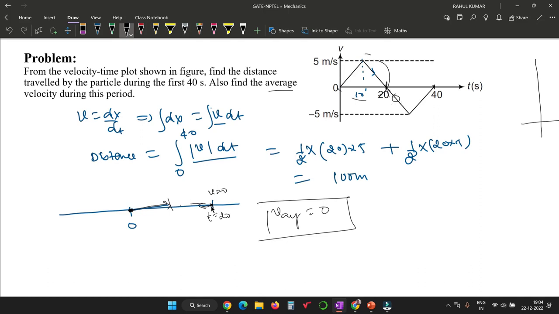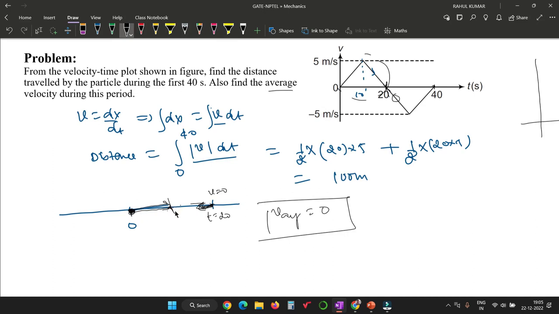So the particle is now moving in this direction, and it follows the same history it followed between 0 and 20, going towards the origin. From 20 to 30 seconds the velocity is increasing, but after that it starts decreasing again and it reaches this point. So 0 to 10, 10 to 20, 20 to 30, and 30 to 40, and again it reaches the origin.